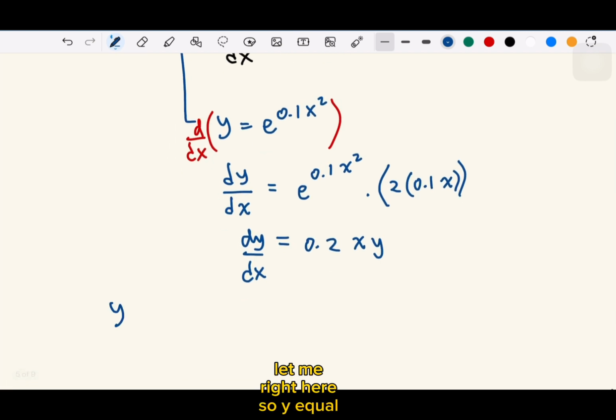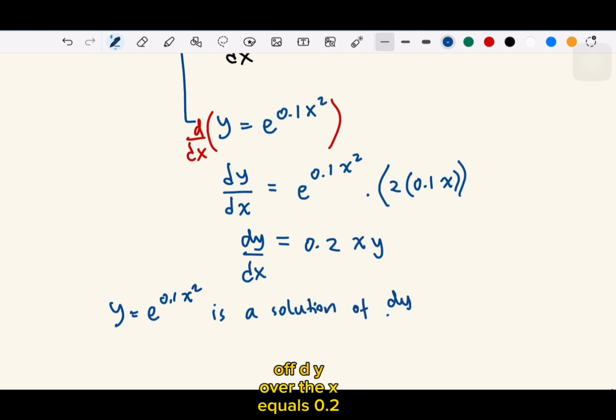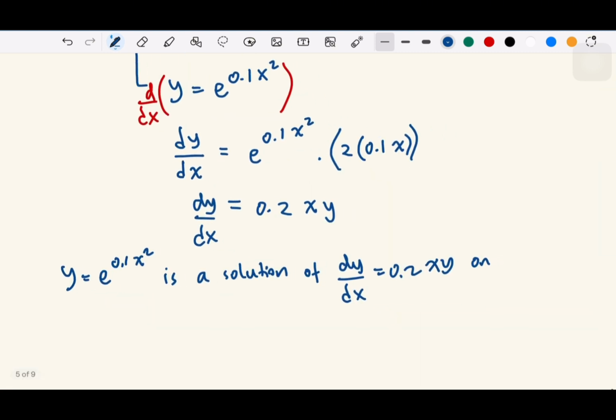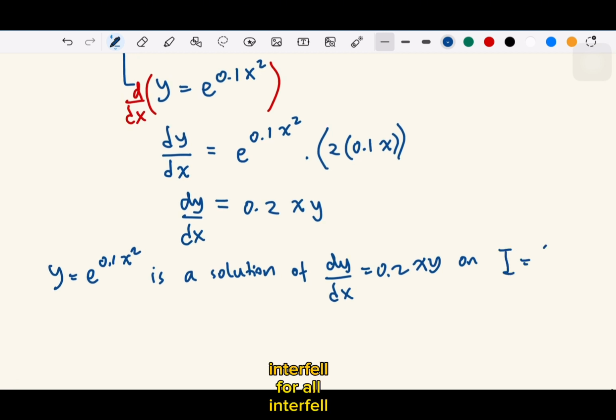So y equal e to the 0.1 x squared is a solution of dy over dx equals 0.2 xy on the interval, for all intervals, okay.